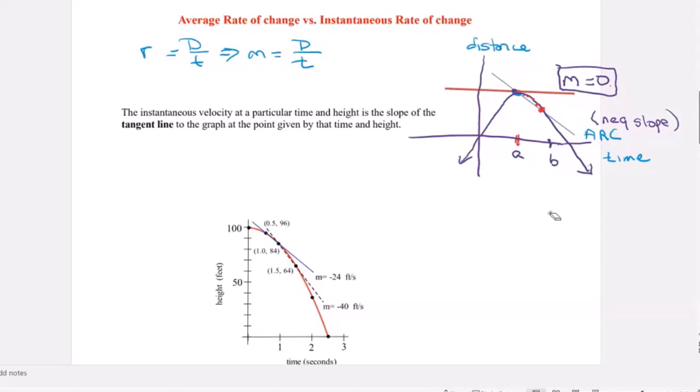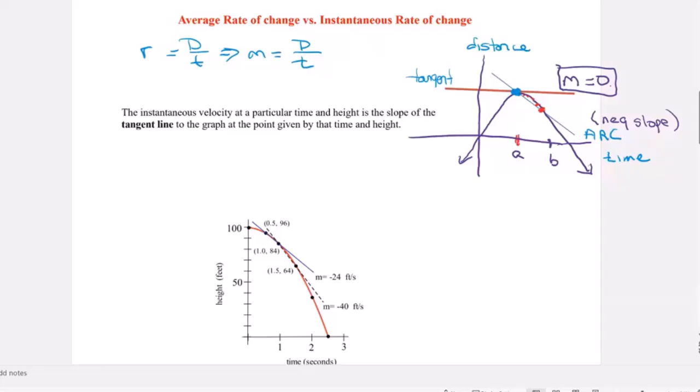Okay? And what we have here with this red line, notice it's only hitting that curve in one place. So I want you to notice it's only hitting that curve in one place, right where we said we wanted. This is called the tangent line.